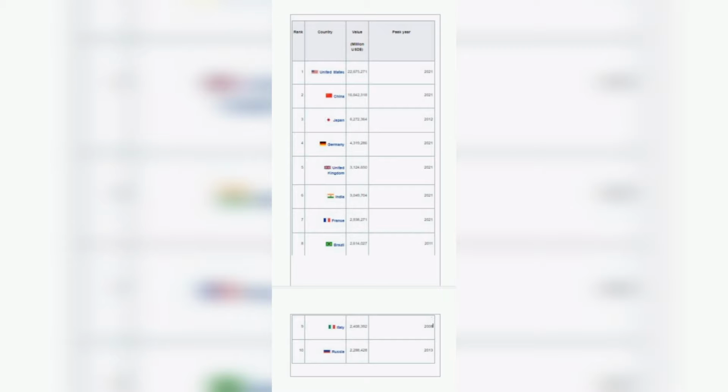You can see that United States and China add up to $40 trillion as annual nominal GDP. So on fourth, there is Germany by $4.3 trillion. And then on the fifth, there is UK, United Kingdom, by $3.1 trillion.